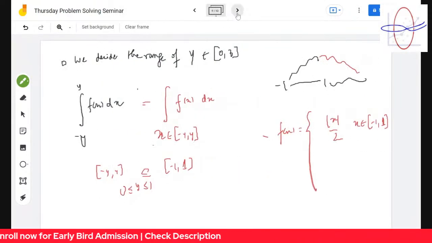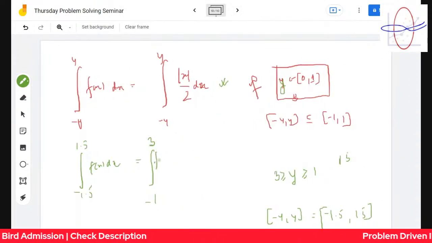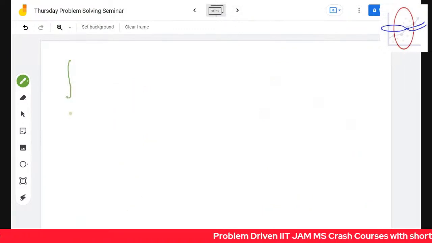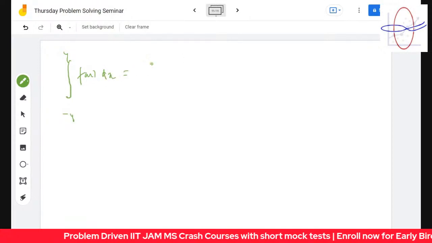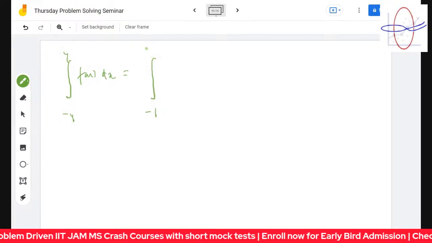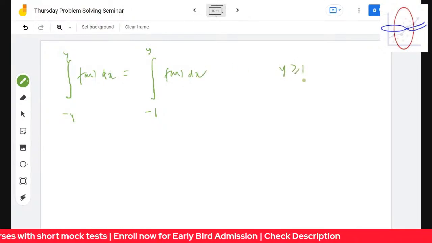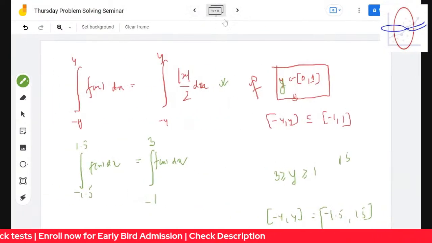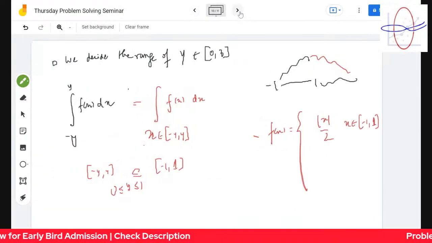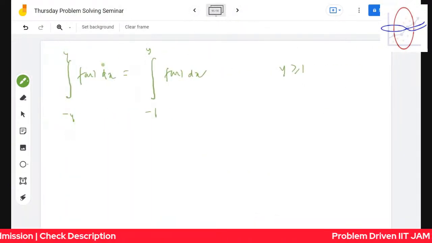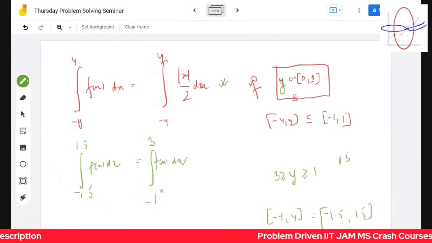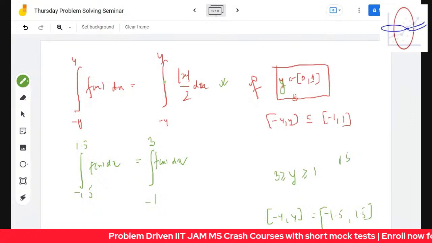So minus y to y of f(x) dx is the same as minus 1 to y of f(x) dx for y greater than or equal to 1, because x cannot go below minus 1. If y is equal to 1.5, it will essentially be from minus 1, because below minus 1 there is nothing. If x is equal to 0.